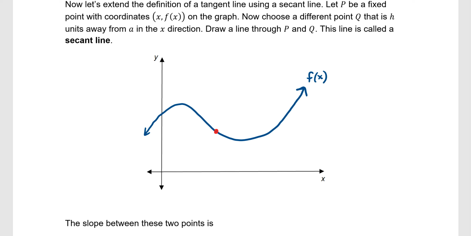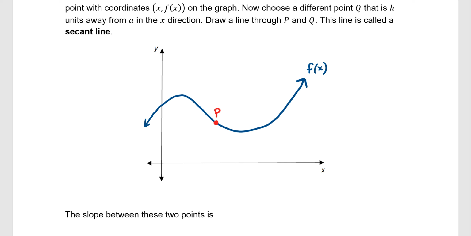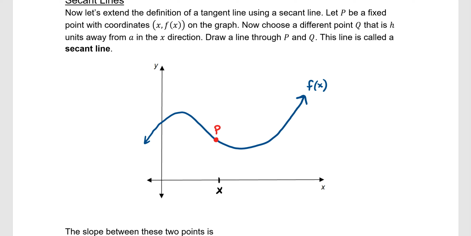Let's let P be right here. This is point P, and we're going to say that its x coordinate is just x. It's just whatever x is, just some random x. The point here is that it's going to be a fixed point. P is not going to move at all.